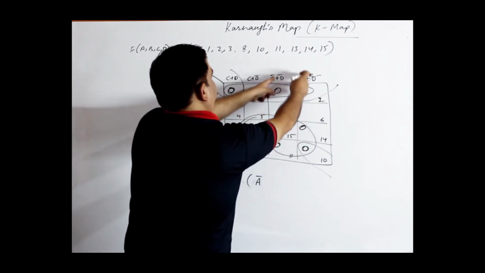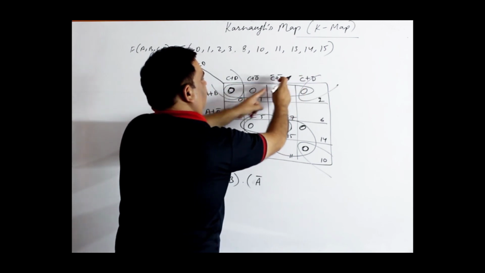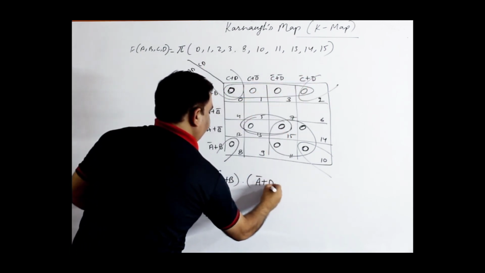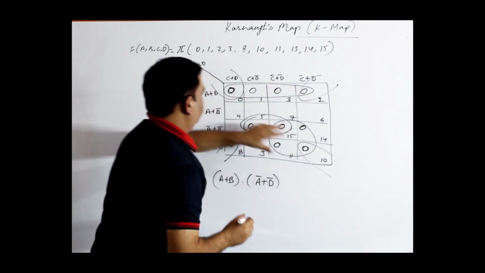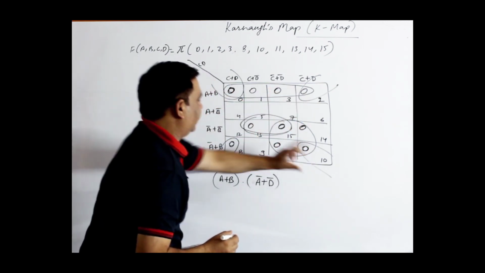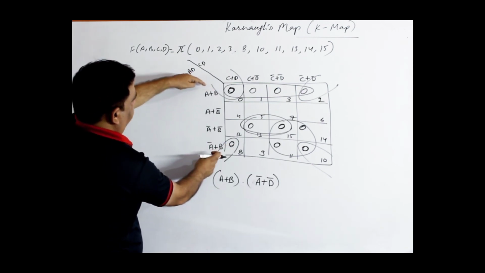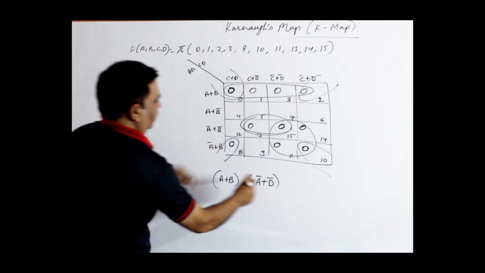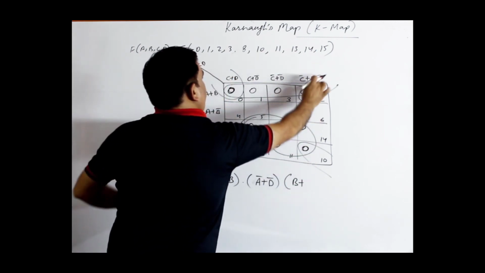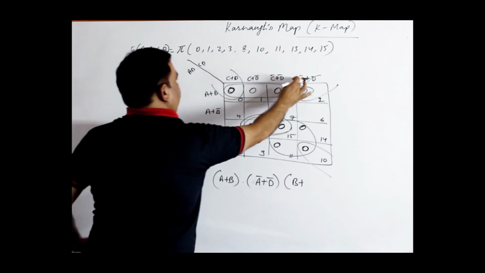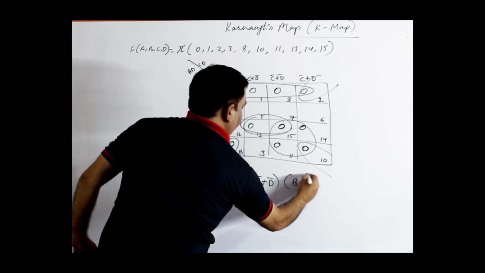And from this side take C complement, because D complement is changing to D. For the corner ones 0, 2, 8, 10, on the left side only B, as A changes to A complement, you can take only B, plus the upper ones, these two columns C plus D and C complement plus D: C changes to C complement, write only D.